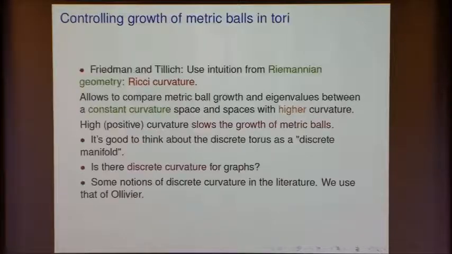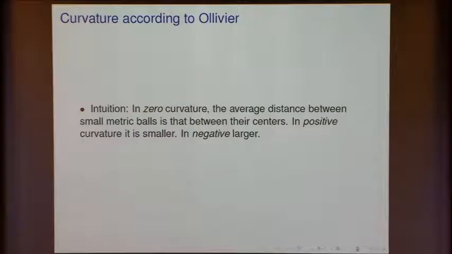So we have changed the topic. We spoke about linear programming bounds, and we are done with that. We slightly improved linear programming bounds for some simple codes. And now we want to forget about all this, and speak about general graphs and bounds on growth of neighborhoods of points in these graphs, and we want to use this notion of curvature.